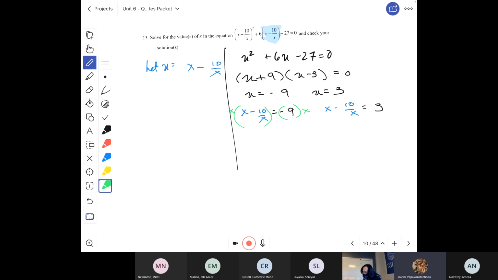So what is that going to give me on the left here? X squared minus 10 equals -9x. Now what do you want to do with that? Okay, so add 9x to each side, setting it equal to 0.